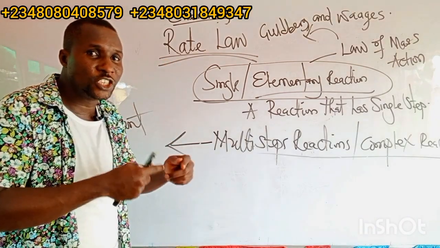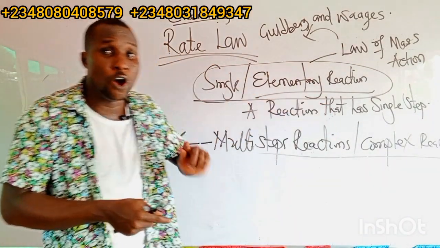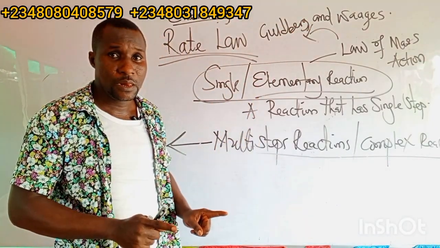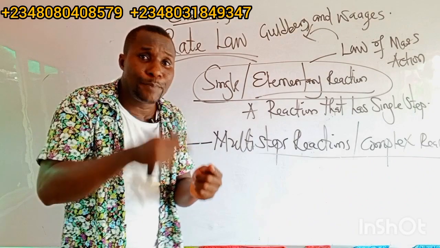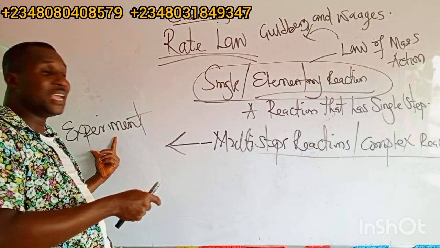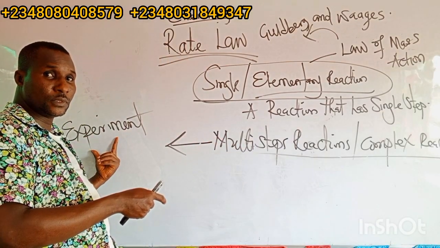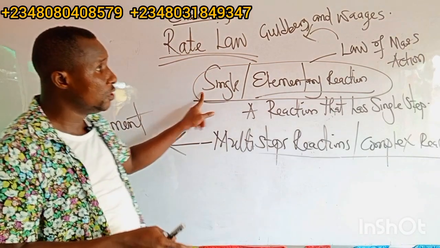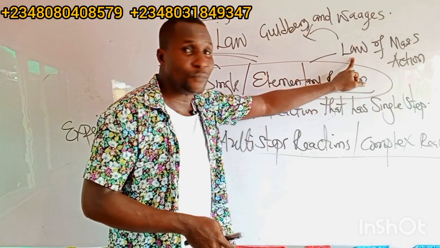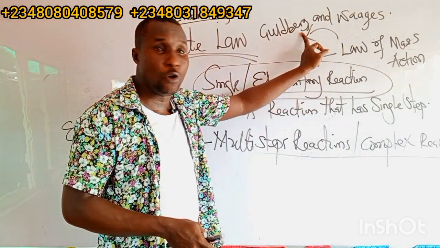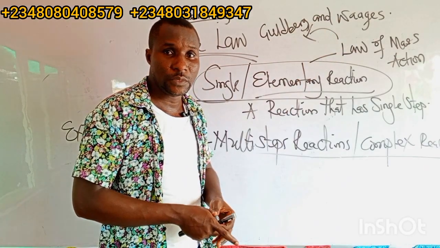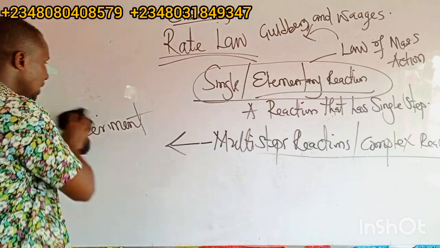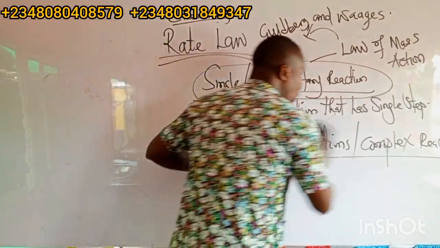Rate law shows the relationship between rate of reaction and concentration, and that relationship is very complex. That dependence can be determined by experiment. But for a single reaction, you can use the law of mass action, postulated by Goldberg and Waage. Let me give you an example of a single elementary reaction before we go to complex.